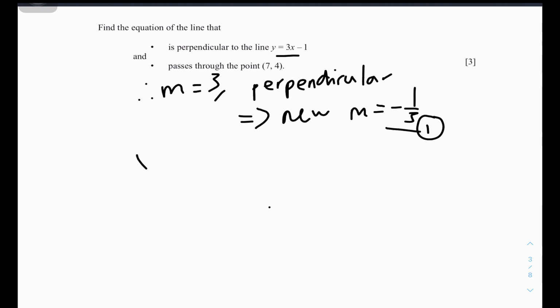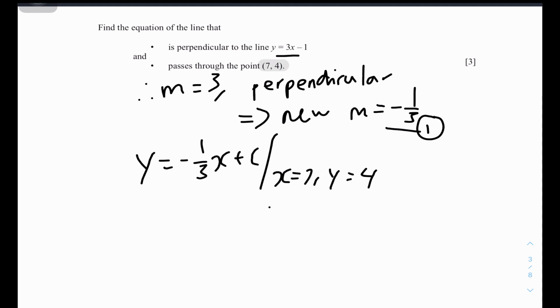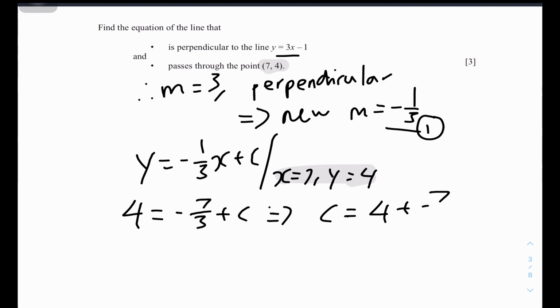So you have the new gradient, y equals minus 1 over 3 x plus c, where x equals 7 and y equals 4, as you can see here. If you put it together, you get 4 equals minus 7 over 3 plus c, and c would be 4 plus 7 over 3.